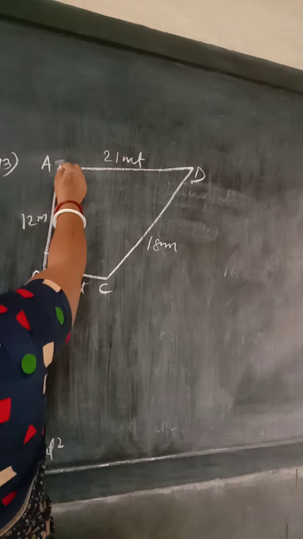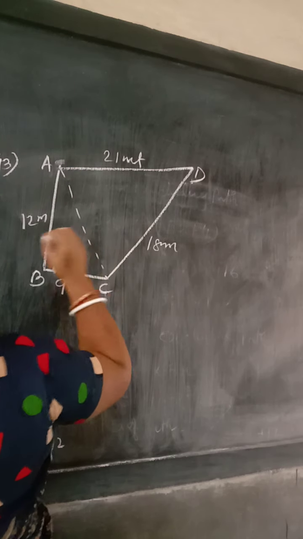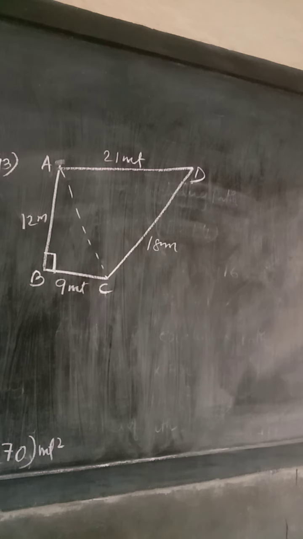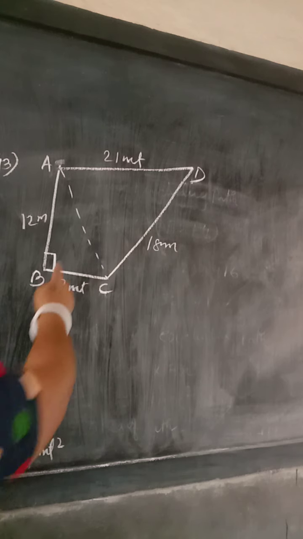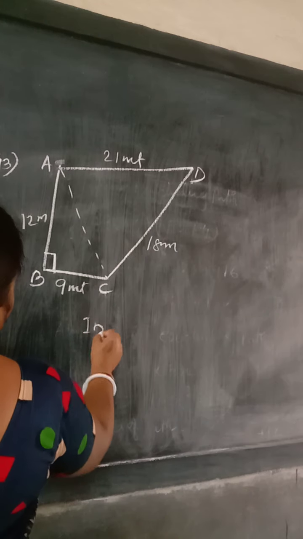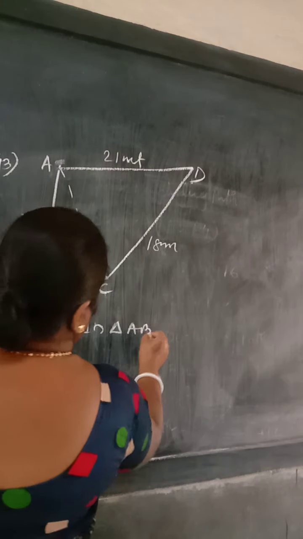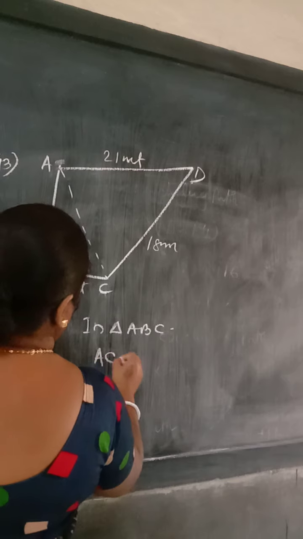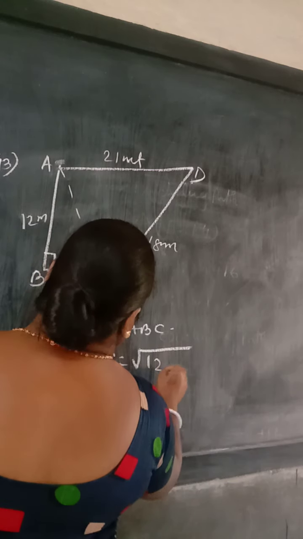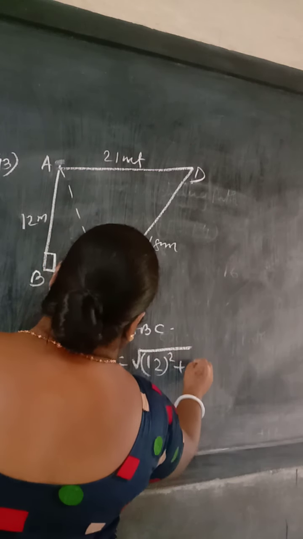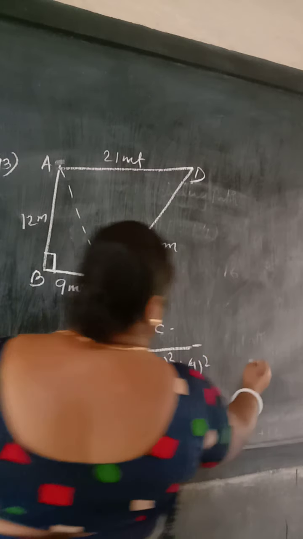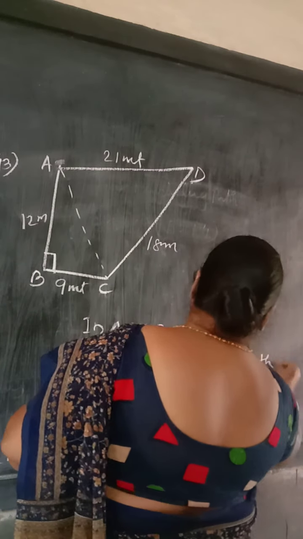What can I do? I can join AC. Once AC is joined, in triangle ABC, may I get the length of AC? In triangle ABC, AC is equal to under root 12 square plus 9 square. May I write it according to Pythagoras theorem?